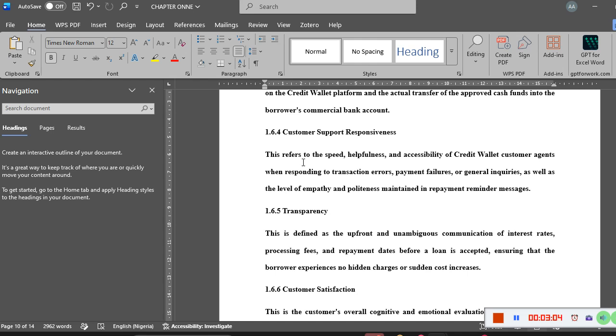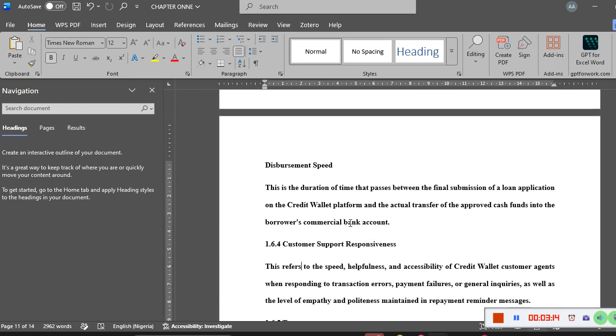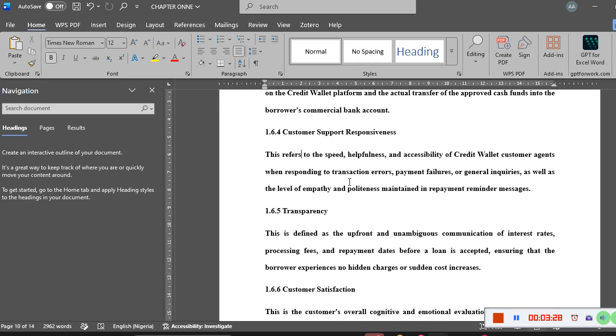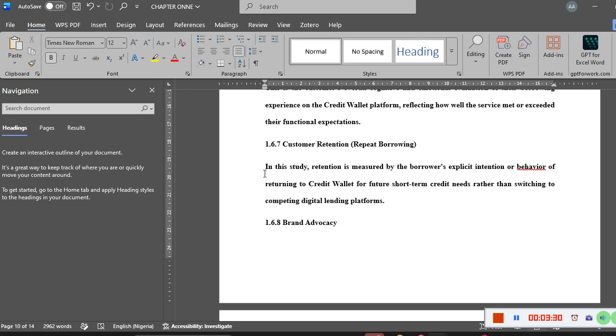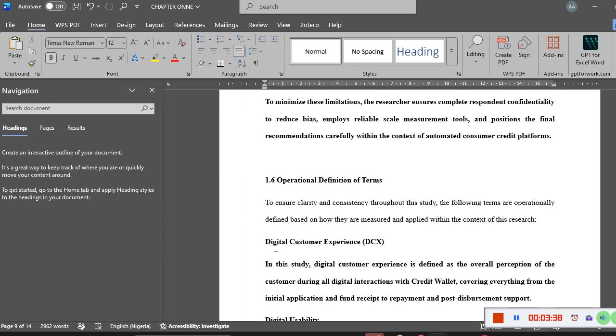The way it has written it says that in this particular study, this is what these terms mean. Note also that the operational definition of terms must include the variables and sub-variables used to formulate the objectives: the disbursement speed, customer support responsiveness, transparency, customer satisfaction, retention, advocacy. You will find them in the research objectives also. Digital usability, this one is the main one, you find it in the main body.